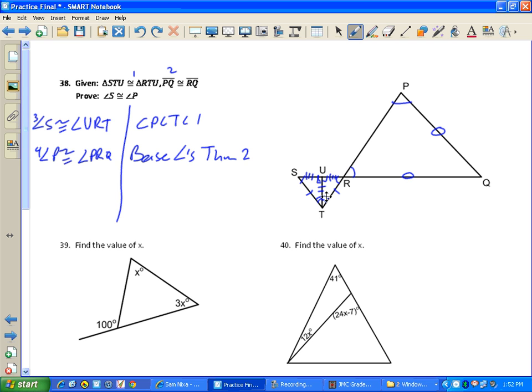Now I can say that URT and PRQ are congruent because they're vertical. So angle URT is congruent to angle PRQ because they're vertical.